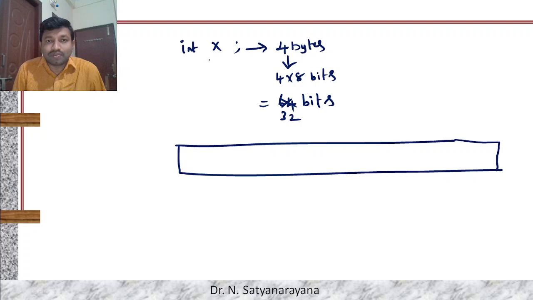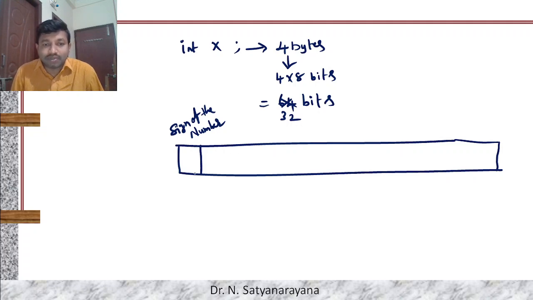X is an integer, positive or negative, so by default a sign will be there. One bit is reserved exclusively to represent the sign of the number. And how many bits are remaining? The remaining bits will be 31.